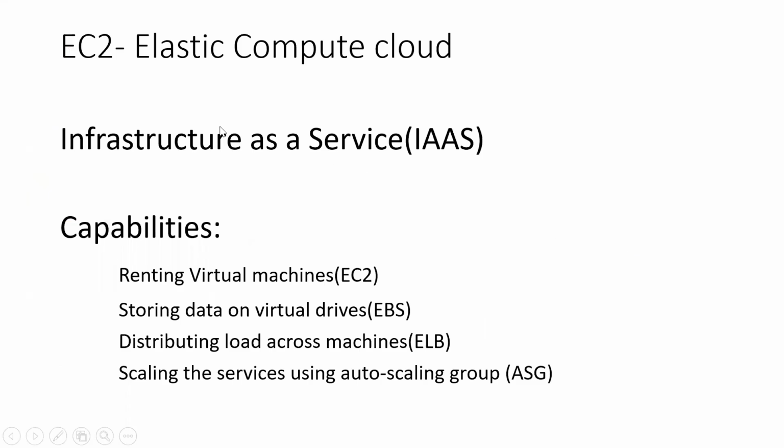First of all, some sentences on top of EC2. What kind of service are we getting from the cloud? It's infrastructure as a service. Yesterday I told you there are three kinds of services we can take from the cloud: infrastructure as a service, IaaS, then platform as a service, PaaS, and software as a service, where we take the entire software.